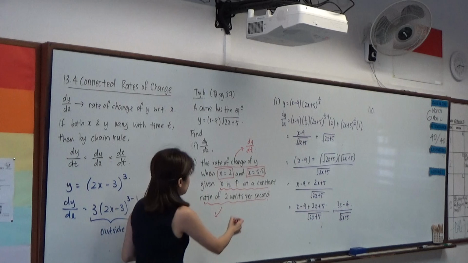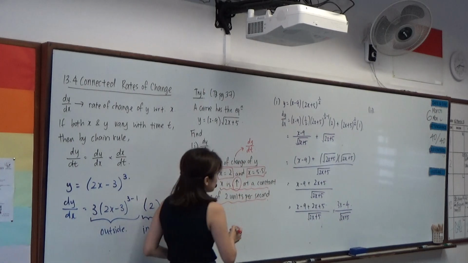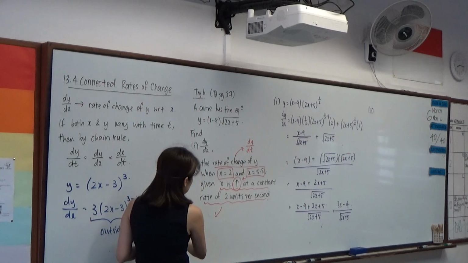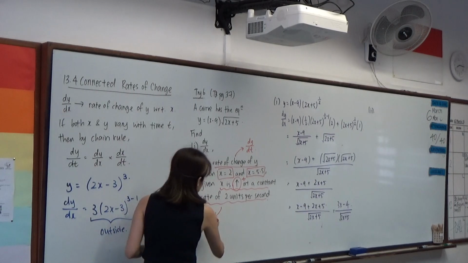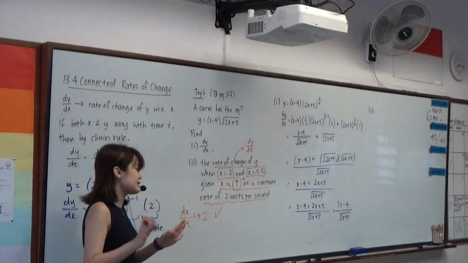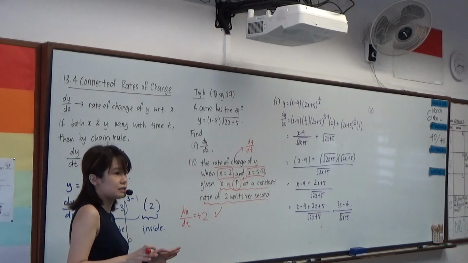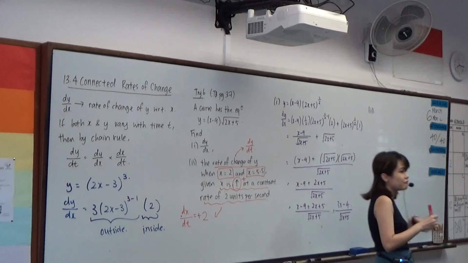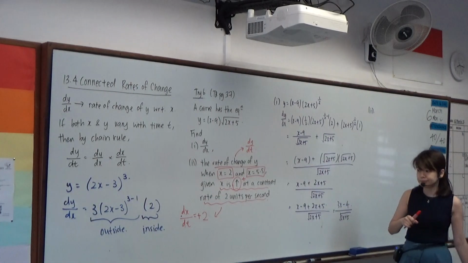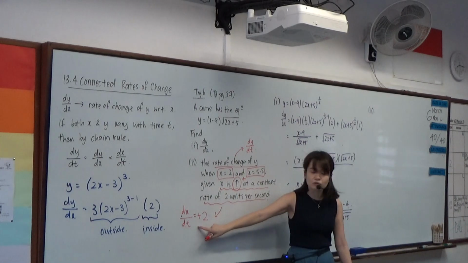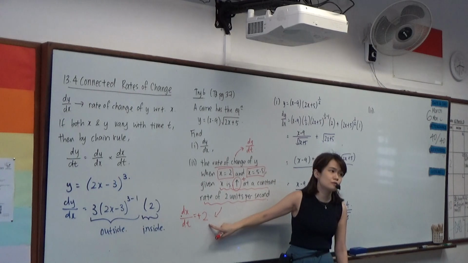And because it is increasing, we think about it in positive terms, so dx over dt is positive 2 units. I'm intentionally writing the positive over there, although in exam you don't need to write down the positive sign. I want all of us to be aware that for increasing, we take the convention of positive. So this information tells us that dx over dt is equal to positive 2.